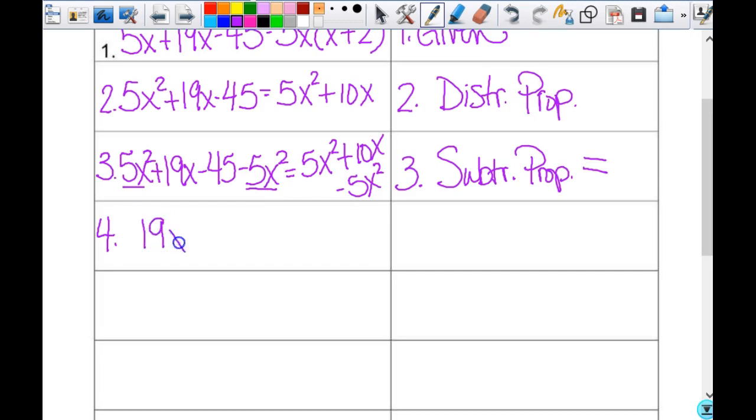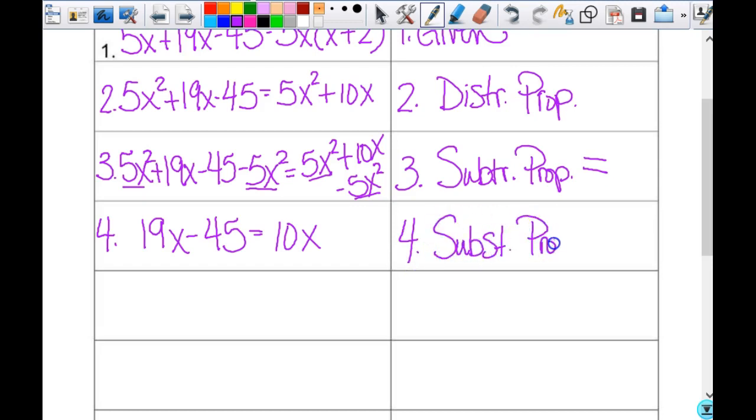So I'm left with 19x minus 45 equals, well, there's 5x squared minus 5x squared, so I'm just left with 10x. So although it looks like a quadratic, is it? No. So although it was kind of big and scary and intimidating, it's really not that bad in the end, right? What's my reason? What allows me to go from 3 to 4? Substitution. Good. So substitution, property of equality.